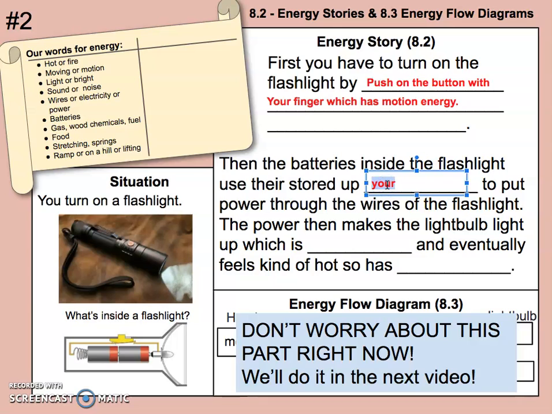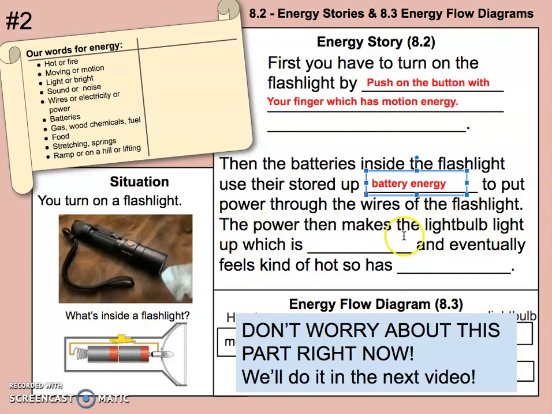So then the batteries inside the flashlight use their stored up battery energy. I'm going to go for it and say that the batteries are evidence of energy to put power through the wires of the flashlight. So that's a separate type of energy. So the battery energy is the thing that's causing there to be power through those wires inside the flashlight in this little cutout picture here.